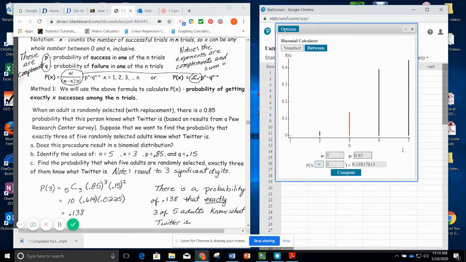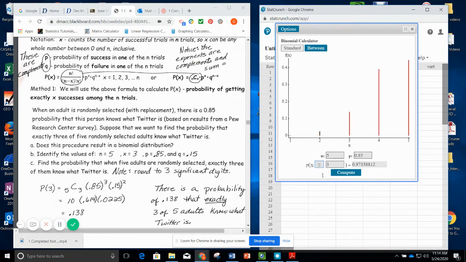Now I want to point out that you can use StatCrunch to find a range of outcomes. Let's say I wanted to know the probability of getting less than or equal to 3, in other words 0, 1, 2, 3 adults. That comes out to be 0.16, which would round to 0.165. Notice that it highlighted in red the bars that it's taking into account.